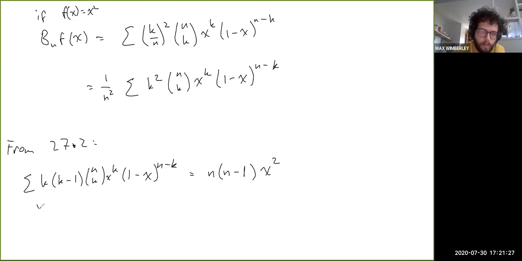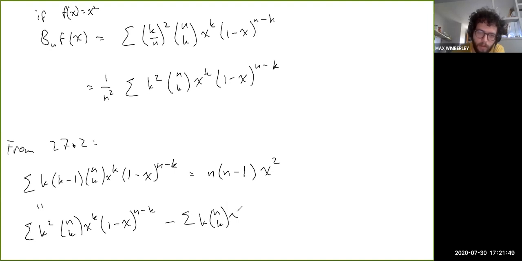But on the other hand, this also equals the sum of k squared, n choose k, x to the k, 1 minus x to the n minus k, minus the sum of k, n choose k, x to the k, 1 minus x to the n minus k, right?